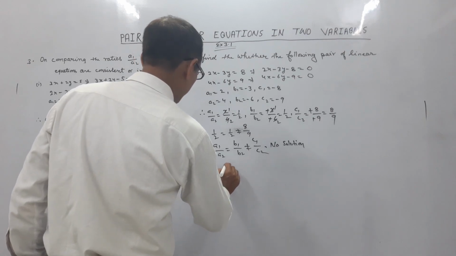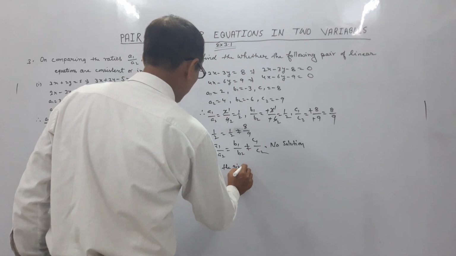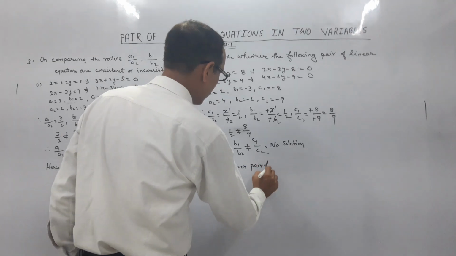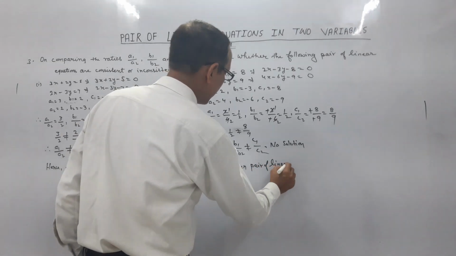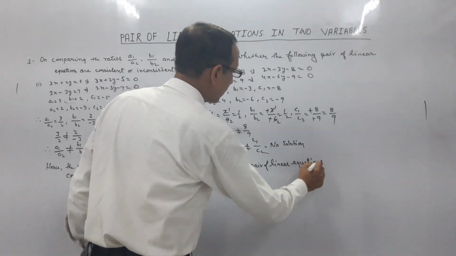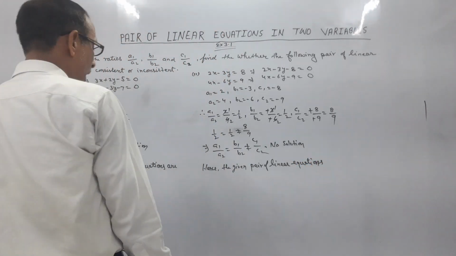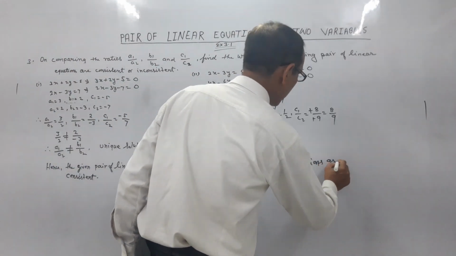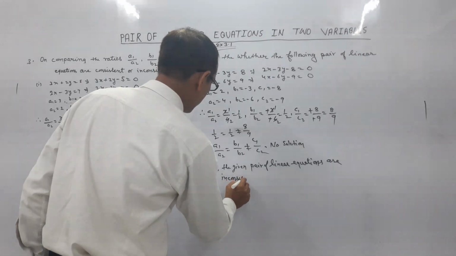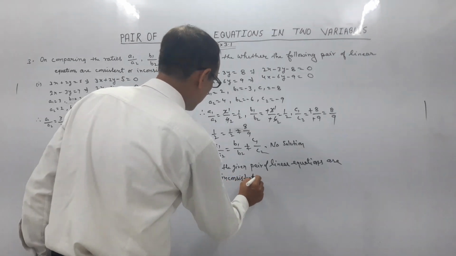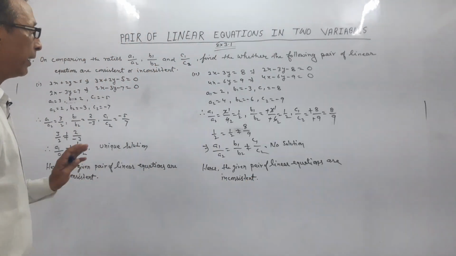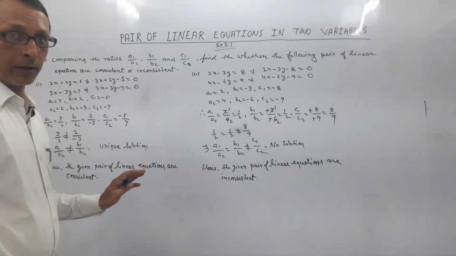So hence the given pair of linear equations are inconsistent. Okay, so this is the example of inconsistent.